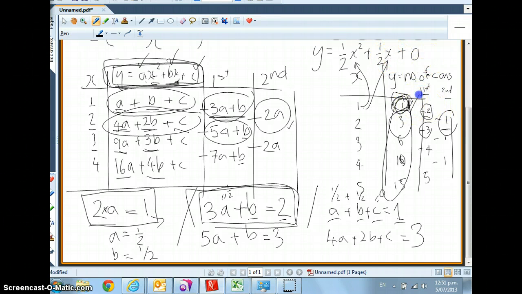So it works for the first term in the pattern. Now I'm going to check it for the second term in the pattern. Put 2 in for x. 2 squared times a half plus half of 2. 3. Look, it works.